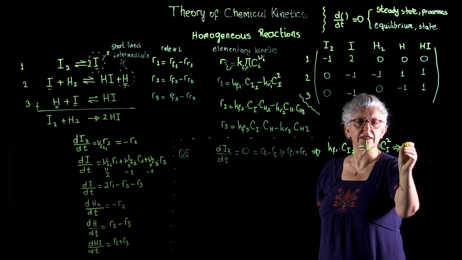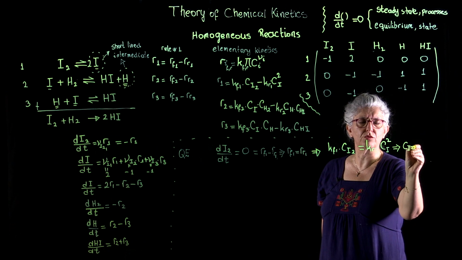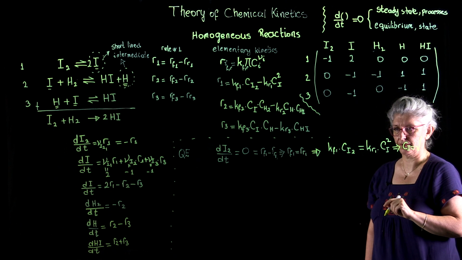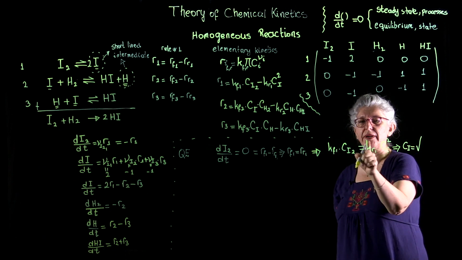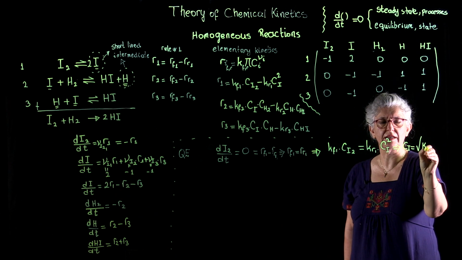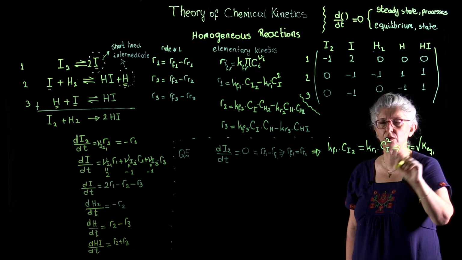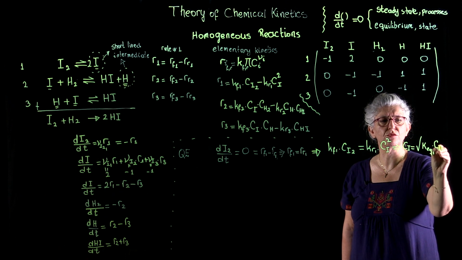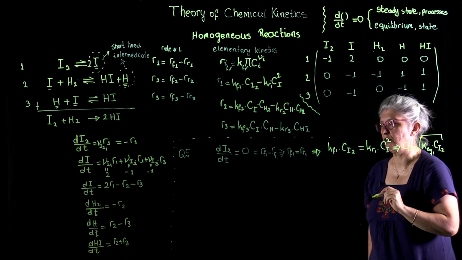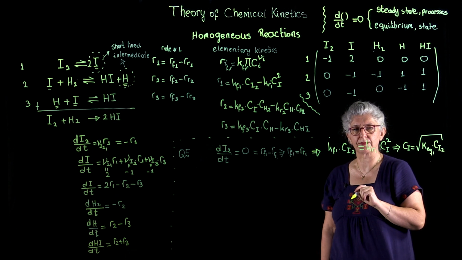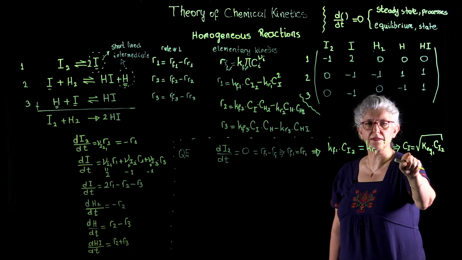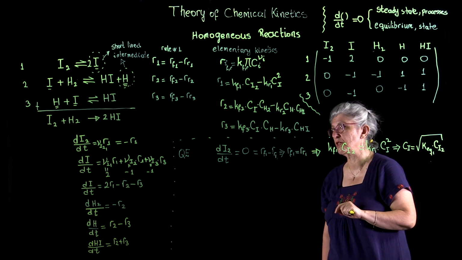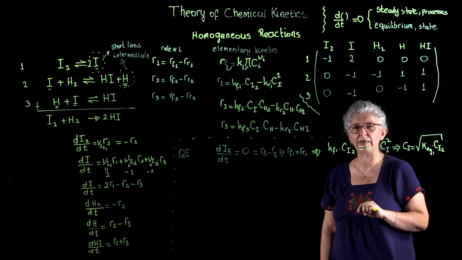So I get C_I to be equal to the square root of K forward divided by K reverse, which is equal to K equilibrium 1 overall, times C_I2 in square root. Now I expressed the concentration of the short-lived intermediate in terms of the measurable concentration of my reactant.